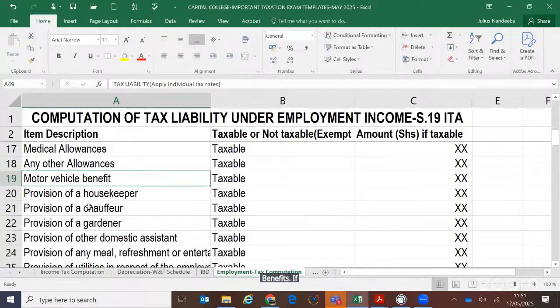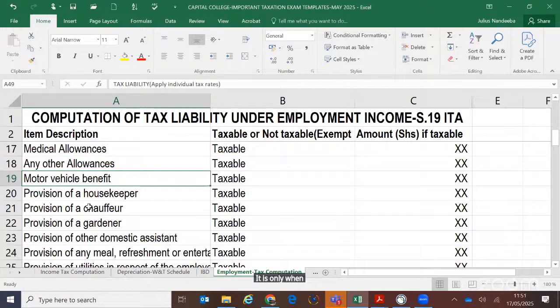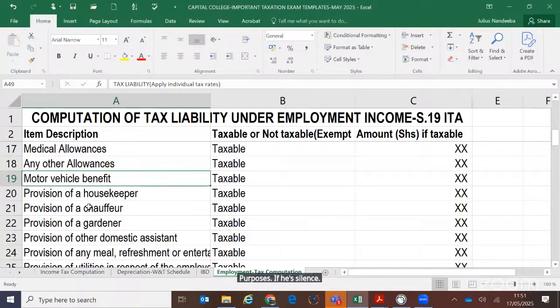Even if they tell you it is used for both official and private purposes, there is a benefit. It is only when the examiner has said that this motor vehicle is only for official purposes. If he is silent, please calculate the motor vehicle benefit.